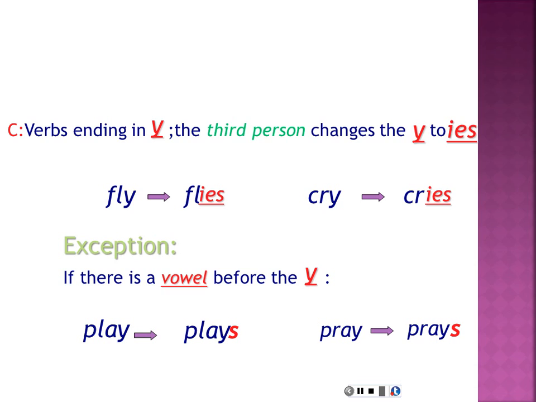So when we have a third person, singular third person, مفرد غائب in the sentence, and the verb كان ينتهي بحرف Y, نقلب الواي نغيرها أو نبدلها إلى I ونضيف ES. إذن عندنا حالة استثنائية لا نقوم بتغيير الواي, وهي عندما تسبق الواي بحرف صوتي. يسبق حرف صوتي الواي التي تقع في نهاية الكلمة أو نهاية الفعل, to be more specific. Okay, I hope you understood this.